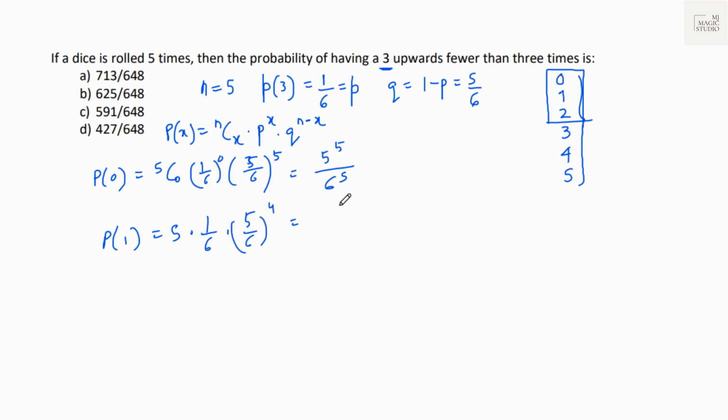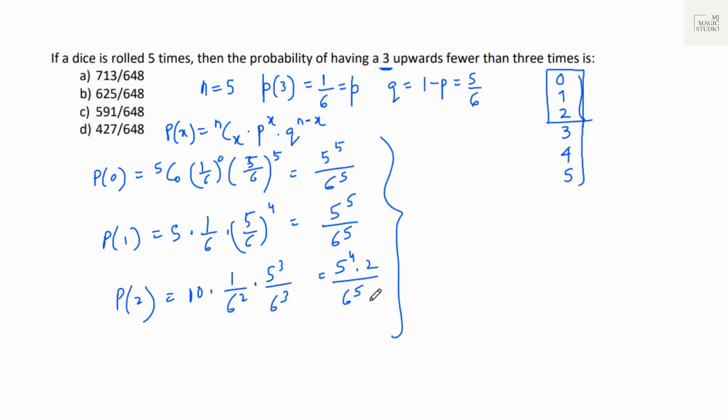So that would be 5 to the power 5 upon 6 to the power 5 again. P2 is 5C2, that is 10 into 1 by 6 to the power 2 into 5 cube by 6 cube. So this is 5 cube into 10, or 5 to the power 4 into 2, divided by 6 to the power 5. If we add these three, that is the answer we are looking for.